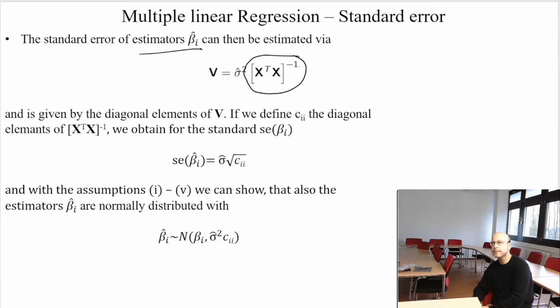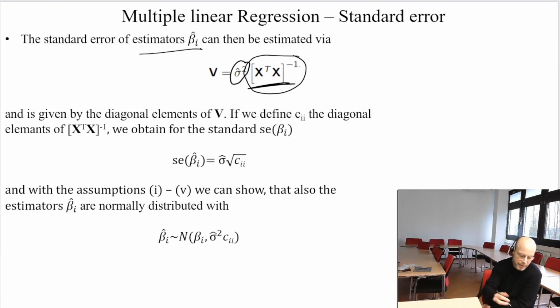And since every single error has the same variance, which we estimate via sigma hat, we then multiply this general variance with our regression matrix, and then we obtain the errors of all our parameters.